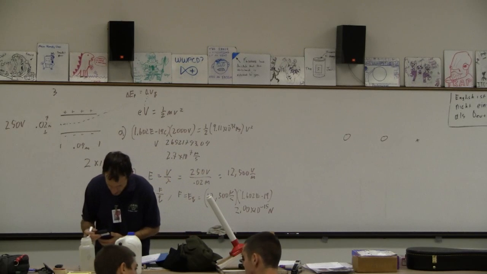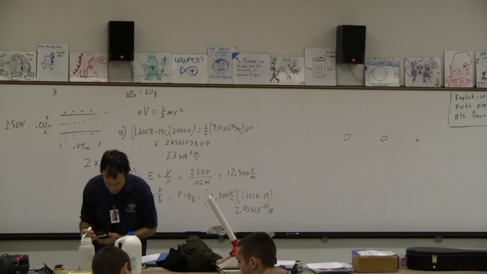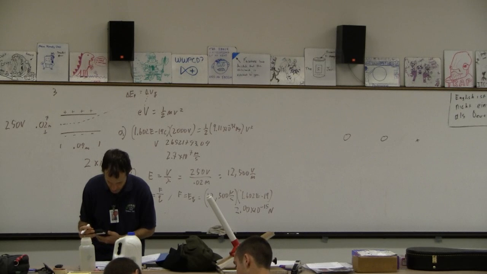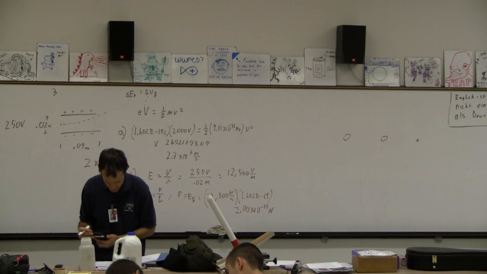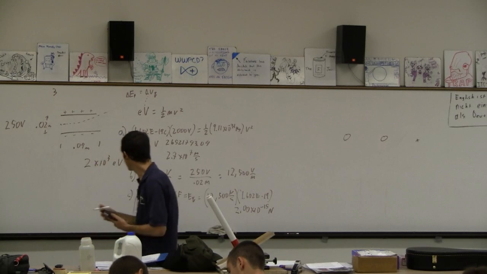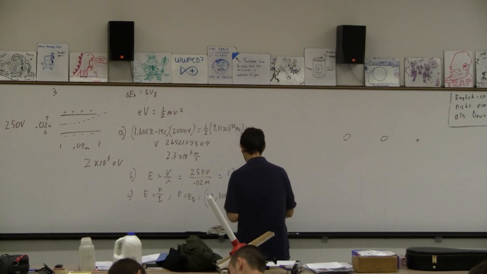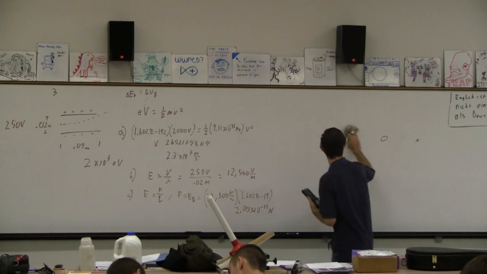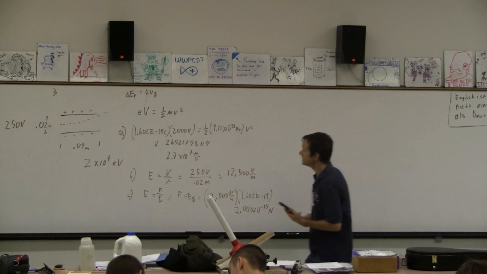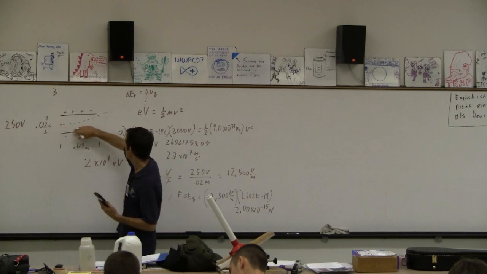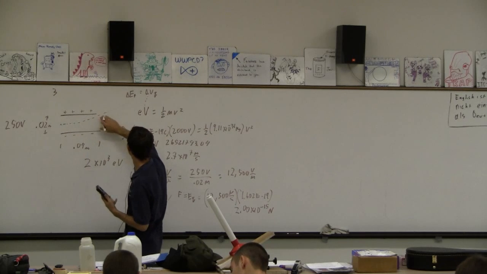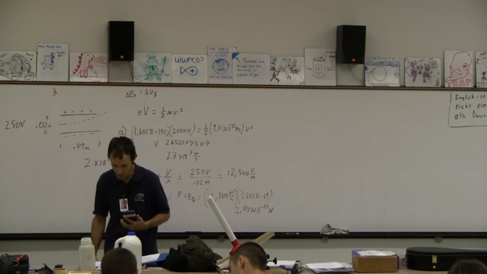So D is to sketch this. It curves in here, I'm trying to draw a parabola there, and it goes straight after that.